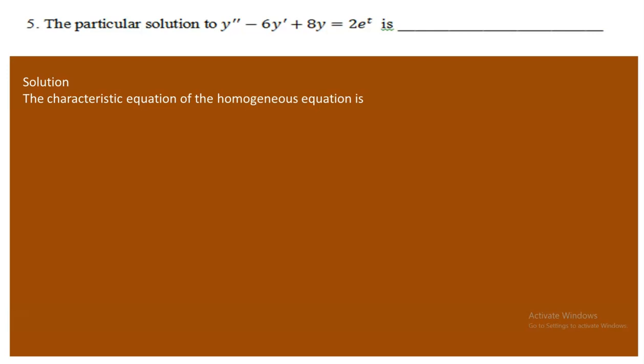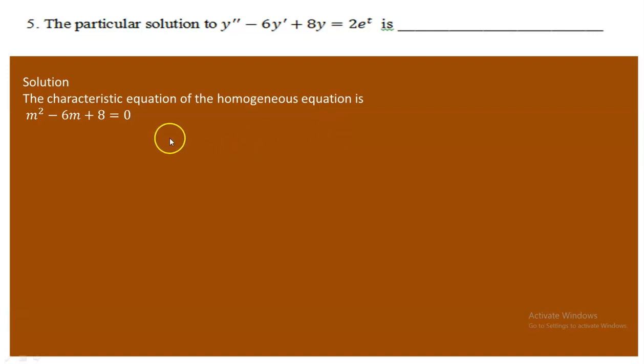The characteristic equation for the homogeneous one is m squared minus 6m plus 8 equals 0. Here we consider m as y, where the order of the derivative is considered as the exponent. So m squared minus 6m plus 8 m to the power of 0, because there is no derivative there, and 8 m to the power of 0 is 8, equal to 0 because we are now considering the homogeneous one.